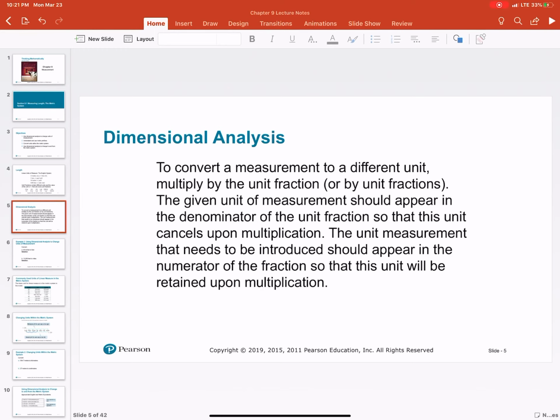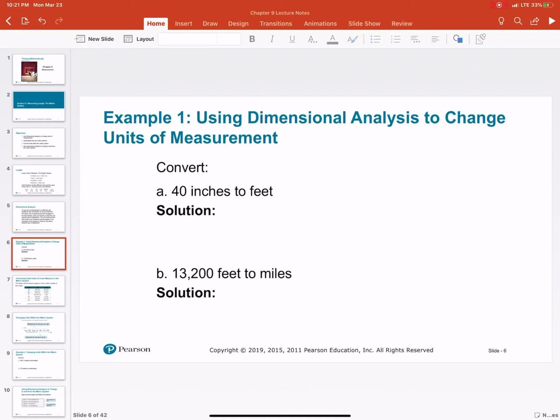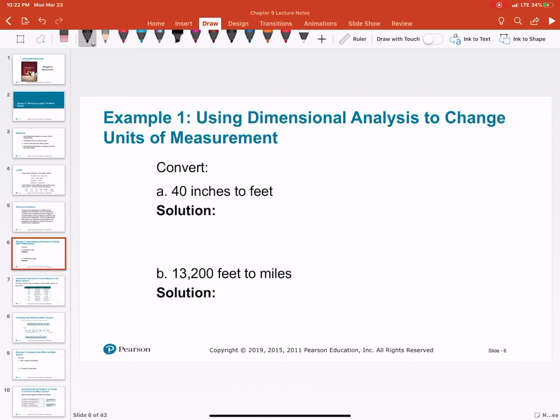So let's look at an example. We have 40 inches and we're trying to take it to feet. So take a minute and do that. We have 40 inches, and I'll just put a 1 here, and it's times 1 foot per 12 inches.